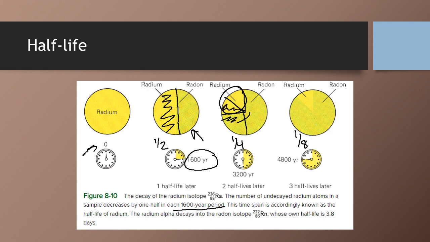After another half-life, half of that would decay, leaving you with 1/16, and then 1/32 of your original amount. And that would just continue on until you got down to the point where you only had a few atoms left.